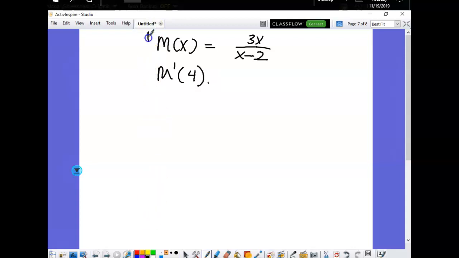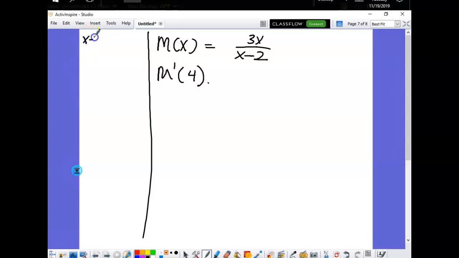By the way, if I wanted to use shortcuts, what shortcut rule would I use here? It's quotient rule. What other one would you do? Oh, then it's a product rule. Yeah, you could do that. I'm going to do the shortcut over here. You don't need to write it, but I'm just going to do it so you guys can see what you should end up with.